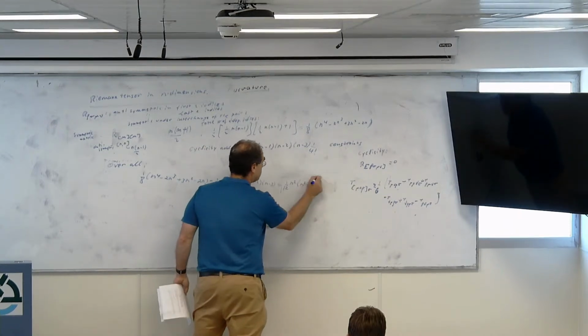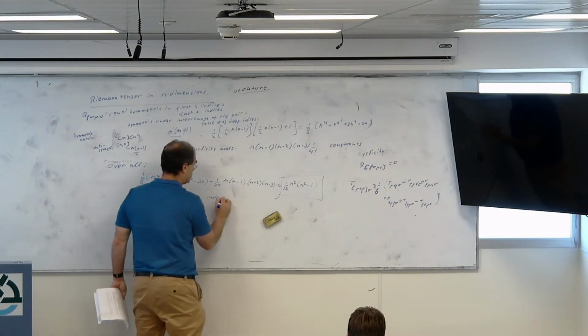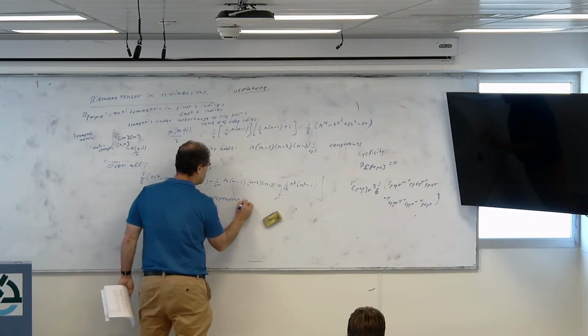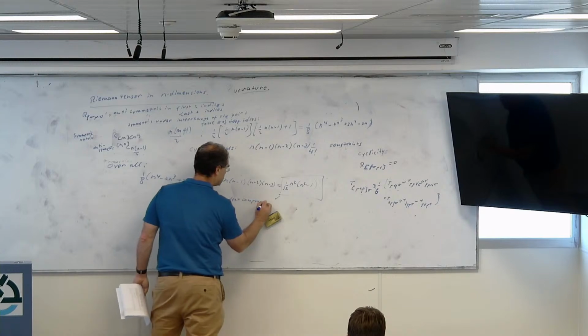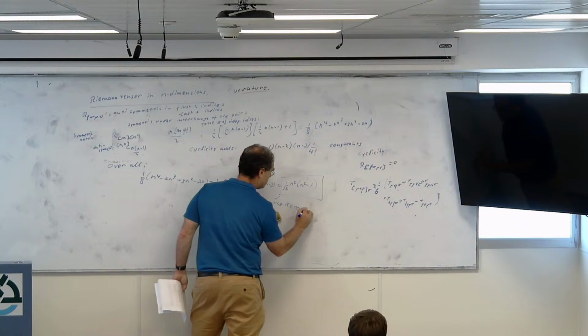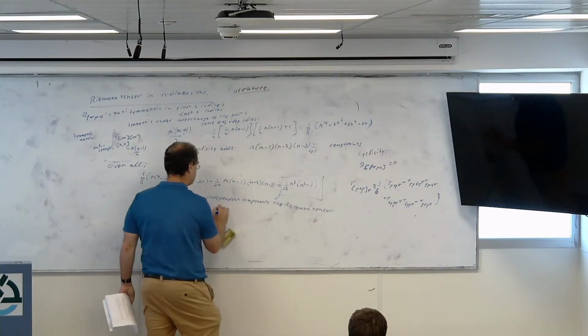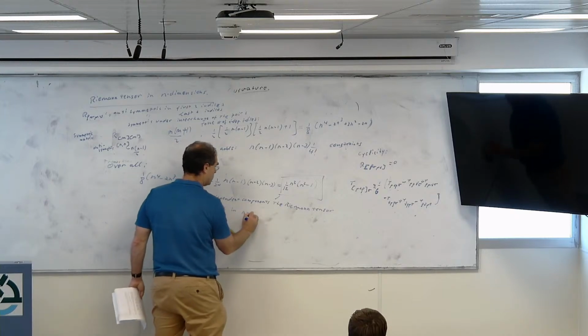This is the number of independent components the Riemann tensor has in n-dimensional space.